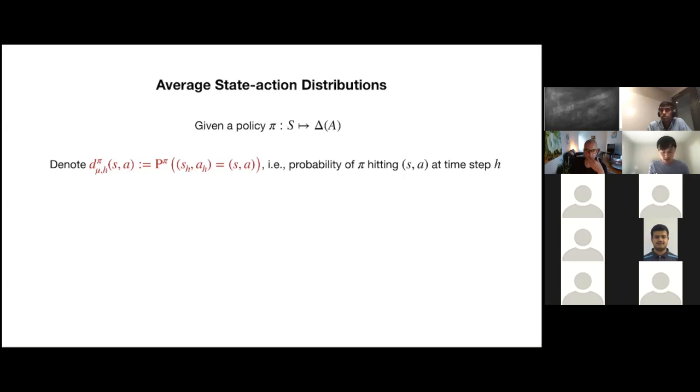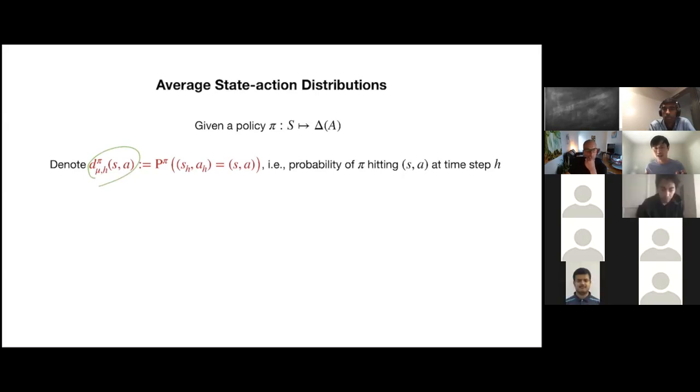Let's define this quantity as the probability of this policy visiting a particular state action pair at time step h. So imagine that you have a policy pi, and you executed this policy pi in the environment, and you ask, at time step h, what is the probability of this policy hitting a particular state action pair?